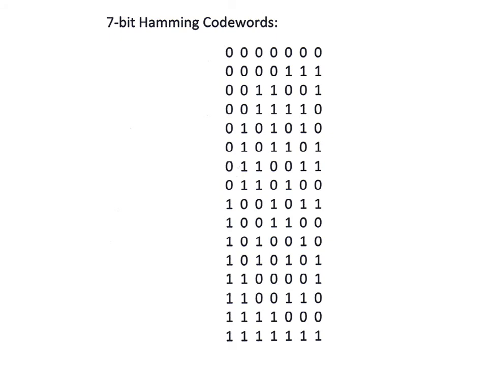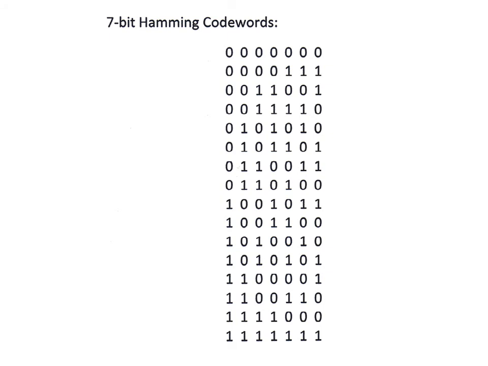If you have a 7,4 Hamming code, there will be 16 different code words. These code words are at a distance of 3 or more from each other.